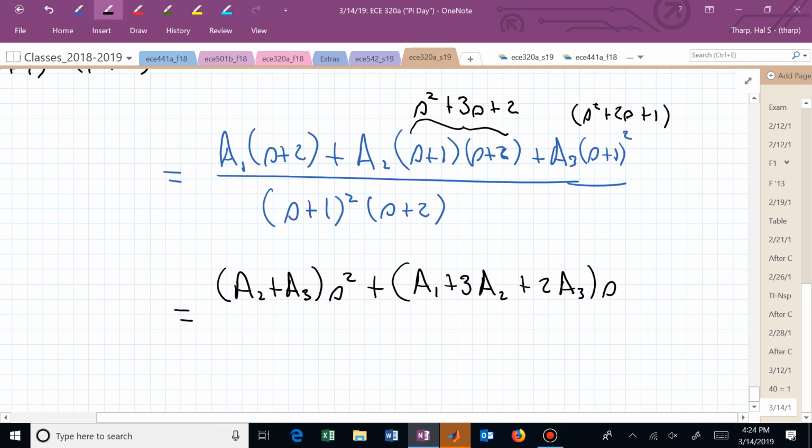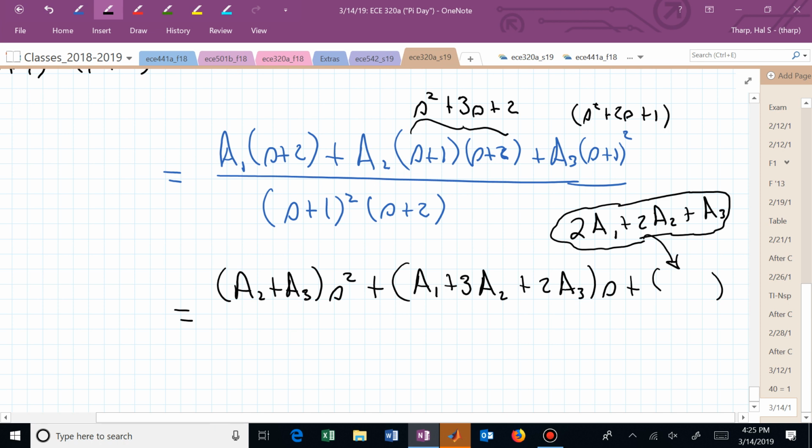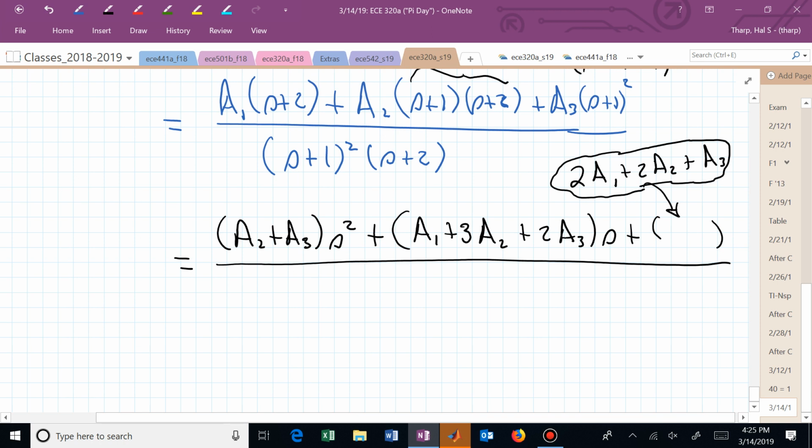And finally, I have my coefficient that is associated with S to the 0 power, or the constant. And that's 2A1. Going in here is now 2A1 plus 2A2 plus A sub 3. That's all the numerator. Question?